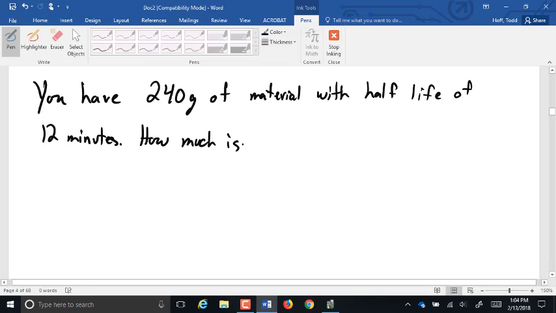How much is left after 30 minutes? Now, before we answer this one, let's reason this out a little bit. We've got our 240 grams, right?